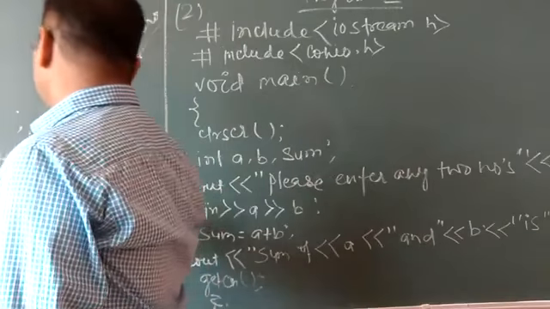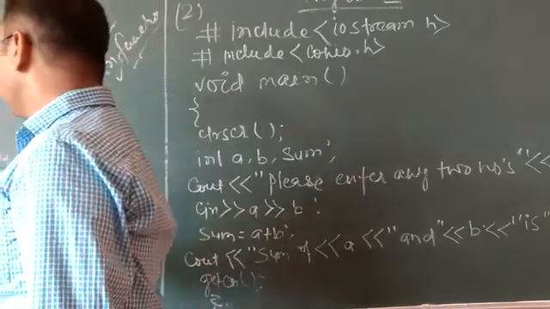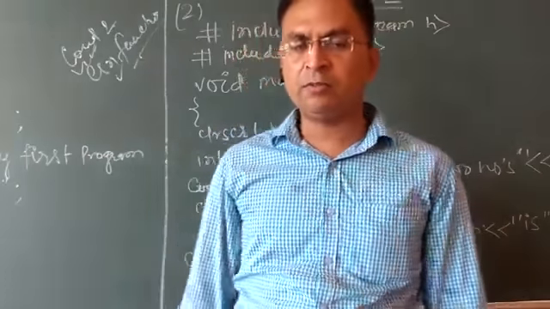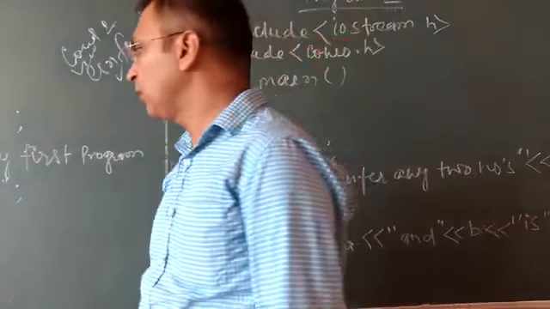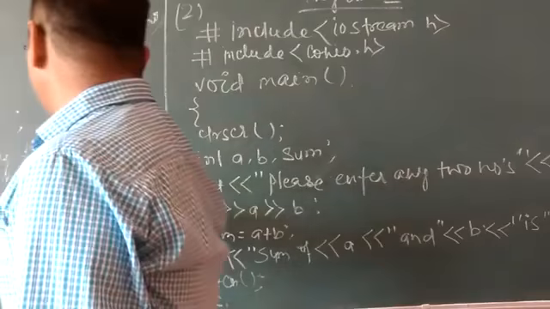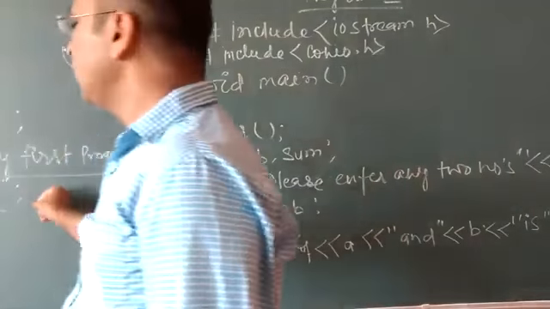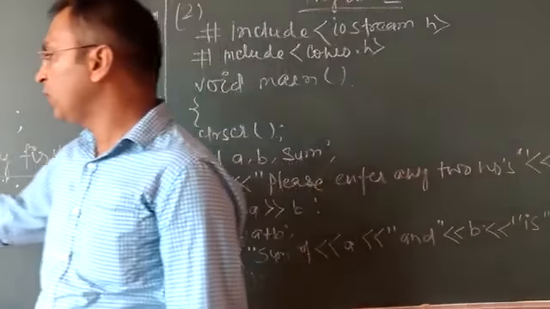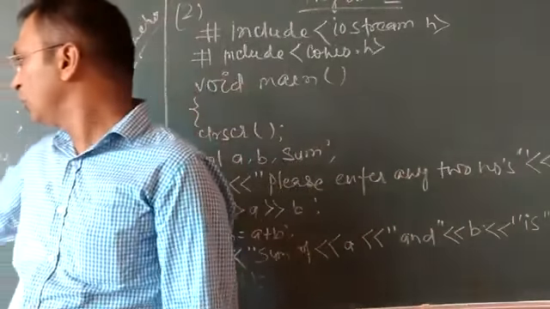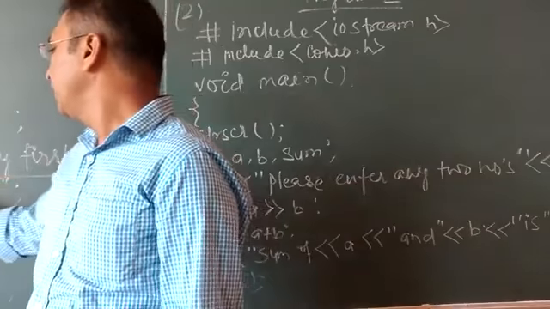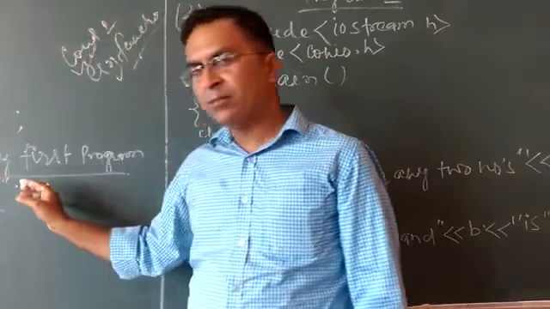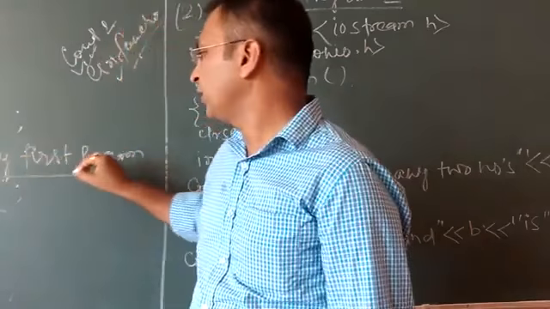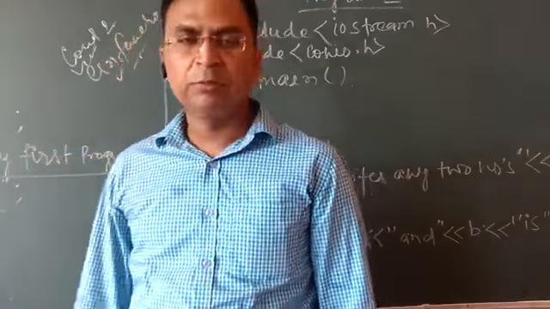This is the first program using C++. Once we run and execute this program, this message will appear on the screen, on the output. As we are using cout, the message will be displayed on the monitor: Welcome, and this is my first program using C++.